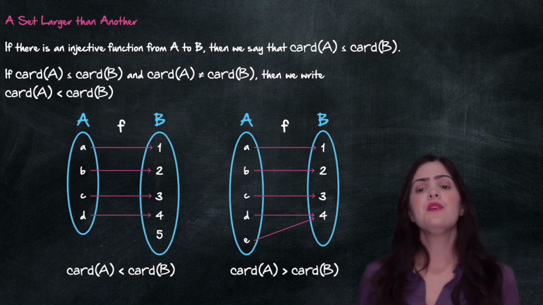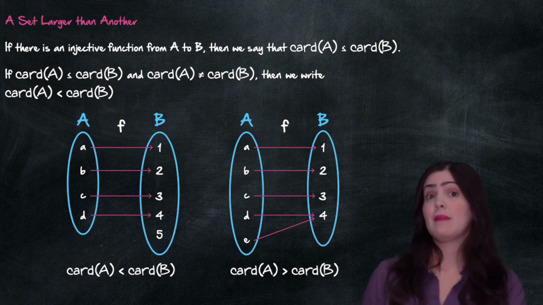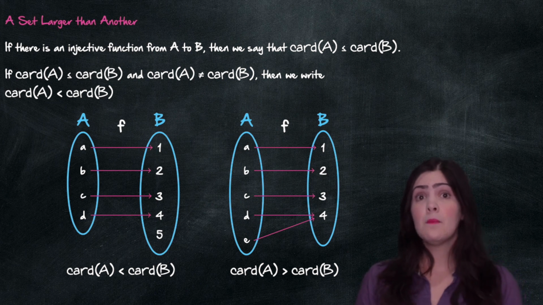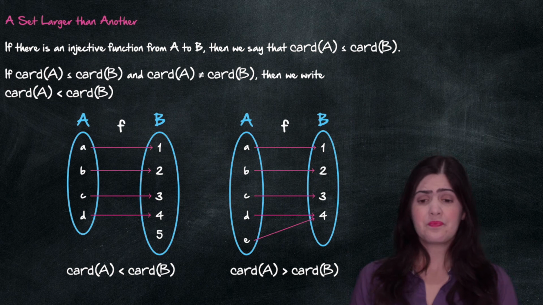Now we could have another situation, like in this case we have the set A has 5 elements, a, b, c, d, and e, and the set B has 4 elements, 1, 2, 3, and 4.